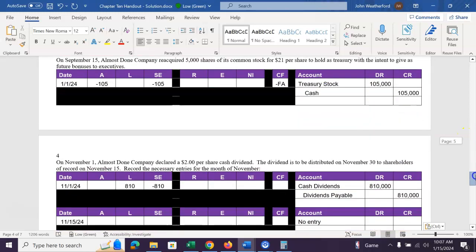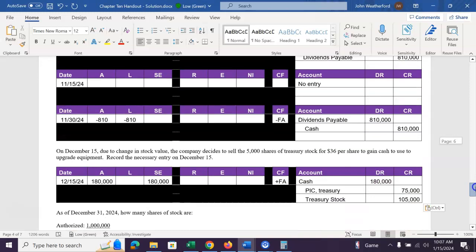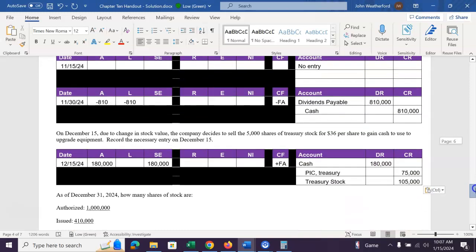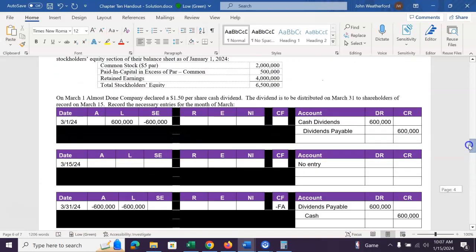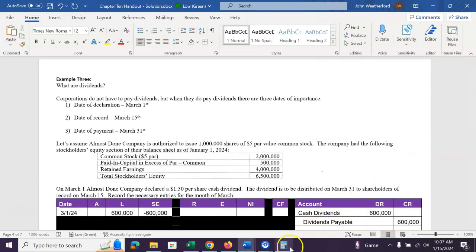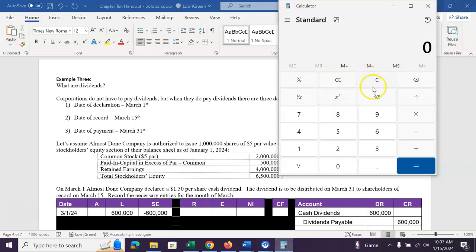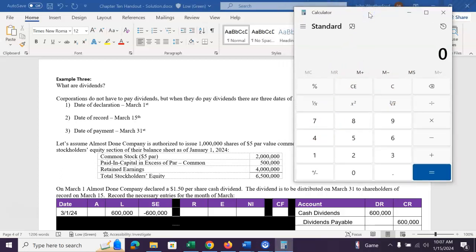The next question: how many were issued? Well, we've gone through this already, but let's look at it again. When we started the problem, we had a $2 million balance in common stock.